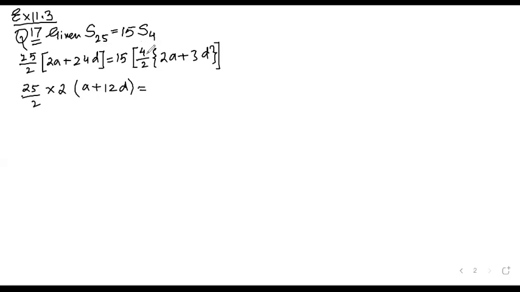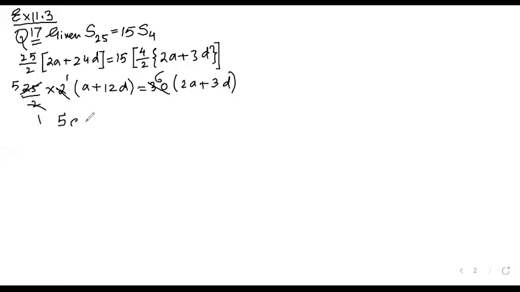So 4 upon 2 is 2. 2 15s are 30. 2a plus 3d. Okay. So 2 ones are 2, and then 5 6s are 30, and 5 5s are 25. Okay. Now we multiply 5 with the bracket.